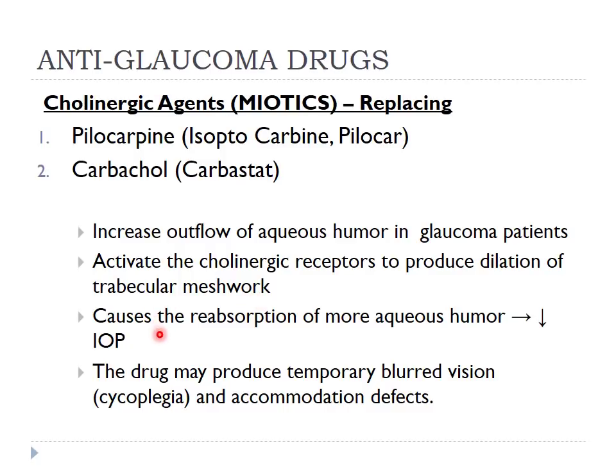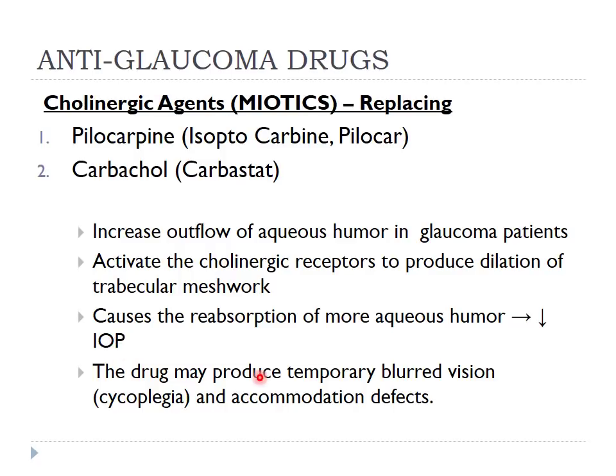So it causes a reabsorption of the fluid that is in the eyeball, and that leads to, that's what this little arrow means, a decrease in IOP. IOP is intraocular pressure. Okay, you have too much fluid in the eyeball, you have too much pressure in the eyeball, not good.